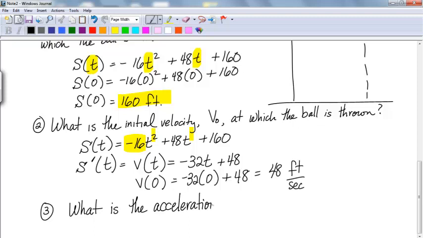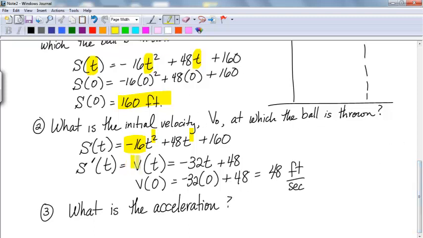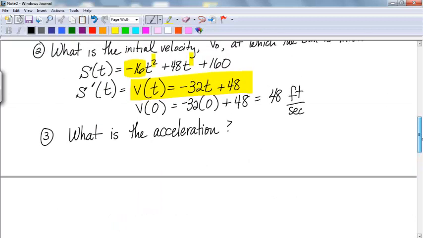Okay, if you take the velocity equation that we just figured up here, and then you can take the derivative of that. So velocity was negative 32t plus 48.